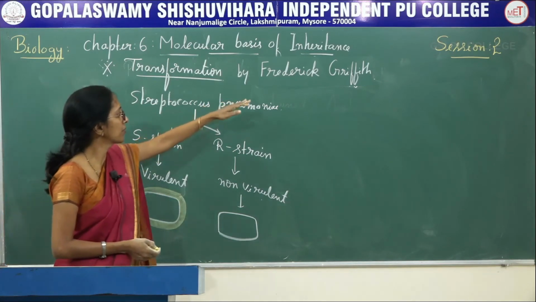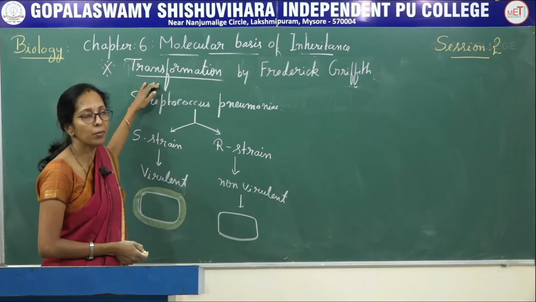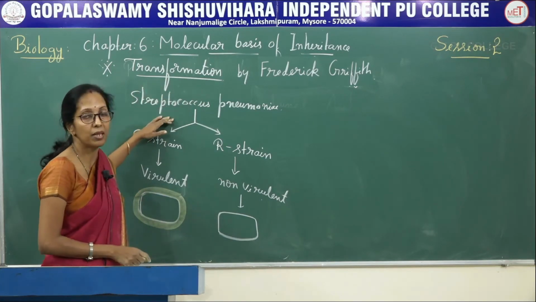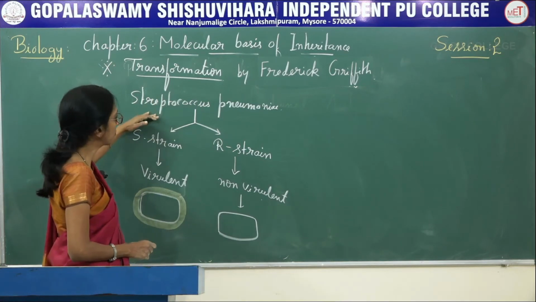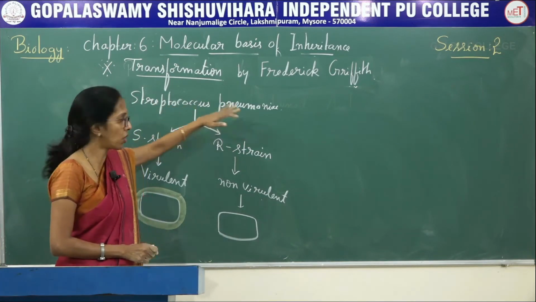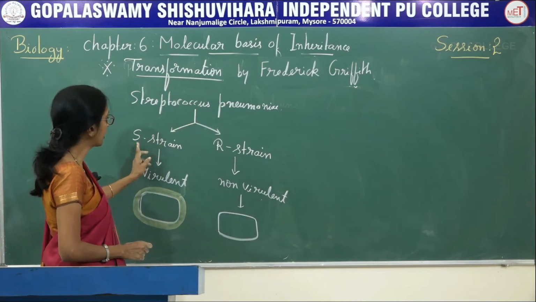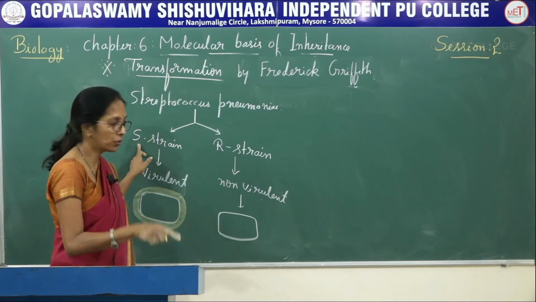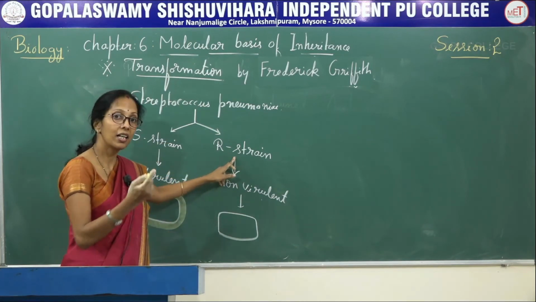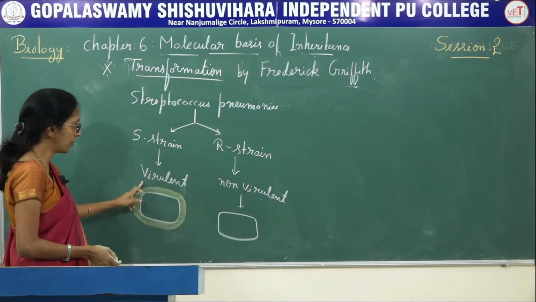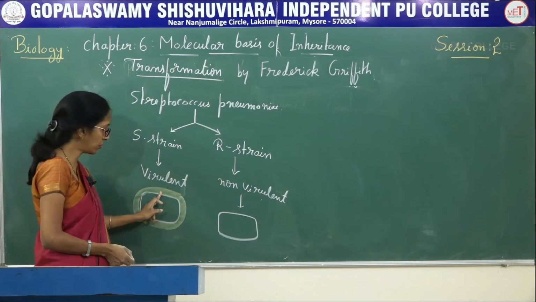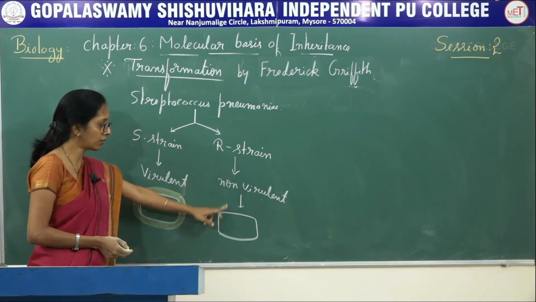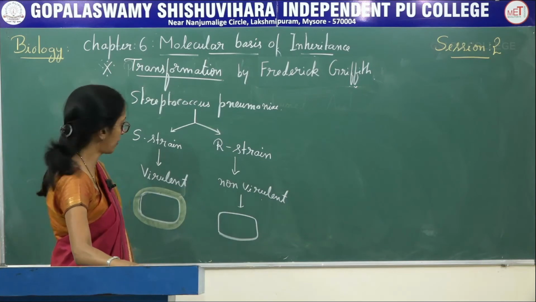So, Griffith identified a phenomenon called transformation while he was working on Streptococcus pneumoniae, which causes pneumonia, and this bacteria occurs in 2 forms, S strain or the smooth strain, and R strain, the rough strain. S is said to be virulent because there is a presence of capsule around the bacteria, and R is said to be non-virulent because there is an absence of capsule.